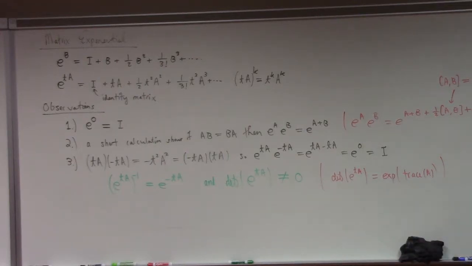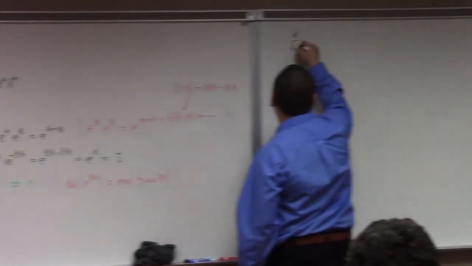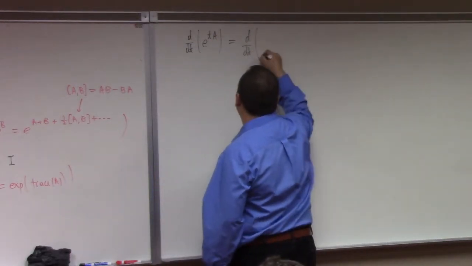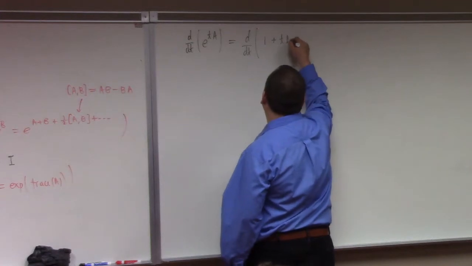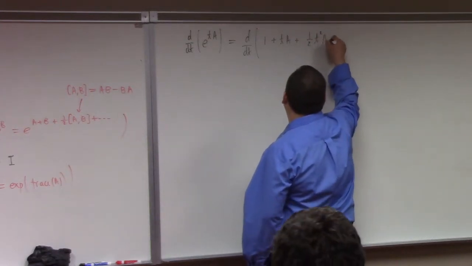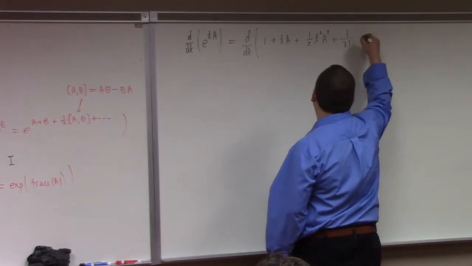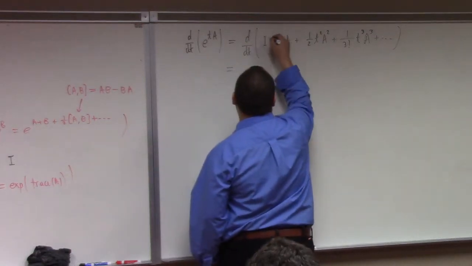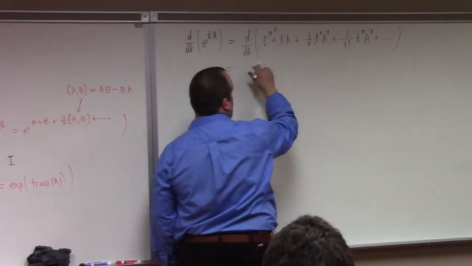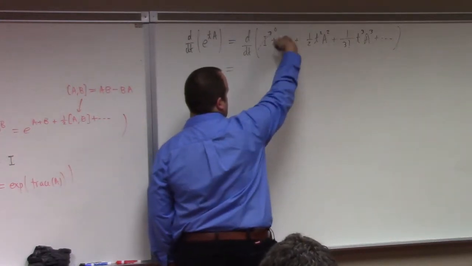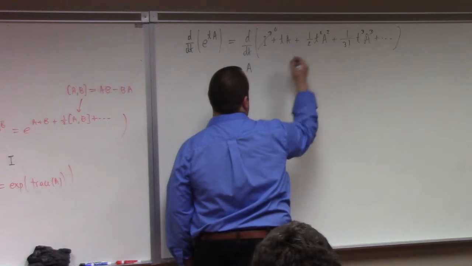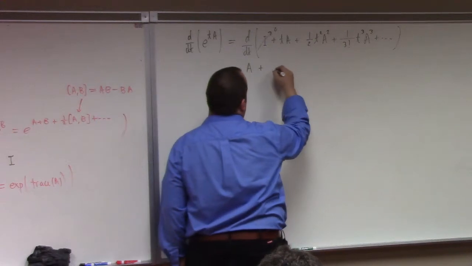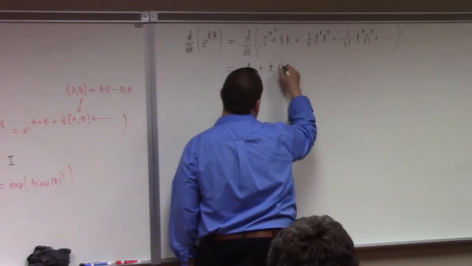All right, so check this out. What happens if we differentiate with respect to time e to the tA? The identity matrix just differentiates to 0. This differentiates to just A. This differentiates to 2 over 2, t A squared.